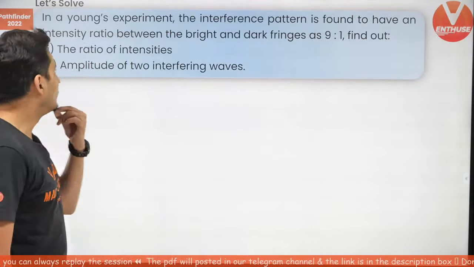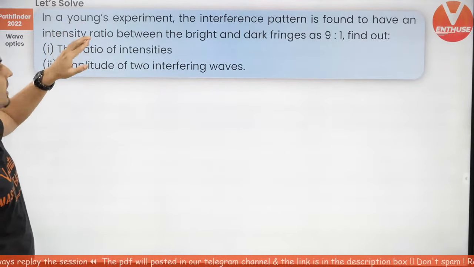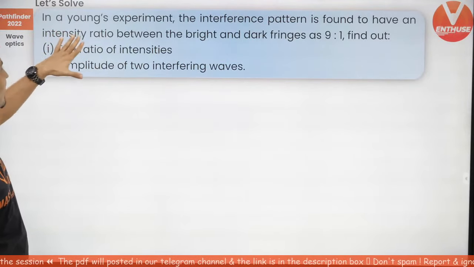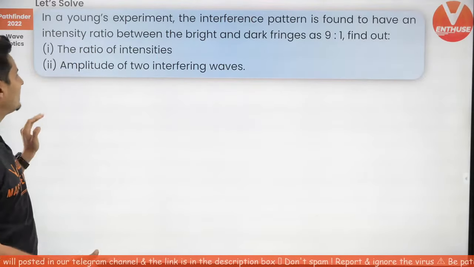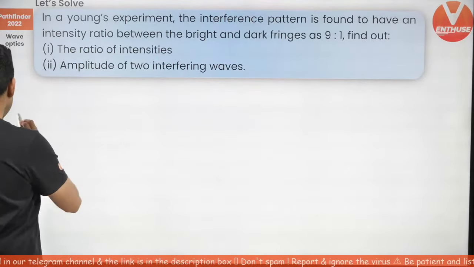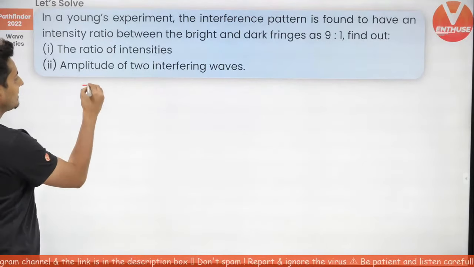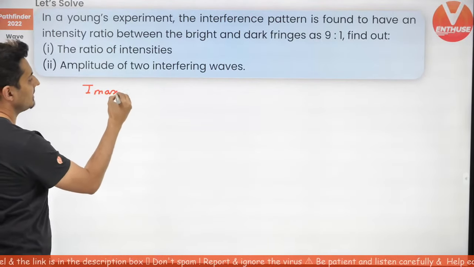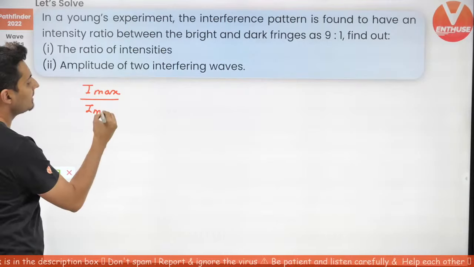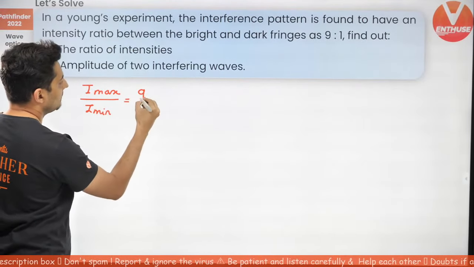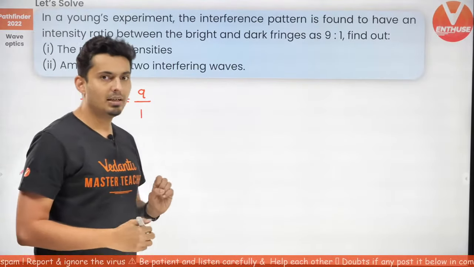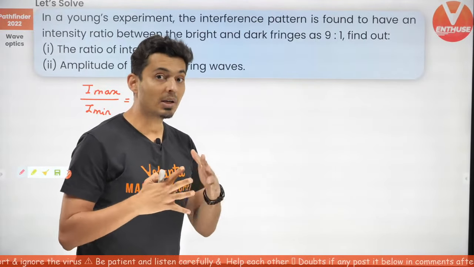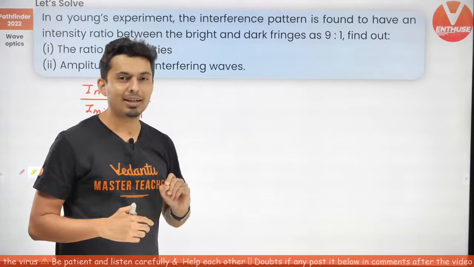So what do we need to do? In a YDSE setup, the interference pattern is found to have intensity ratio bright to dark as 9:1, and we need the ratio of intensities and amplitudes. So what is given? Given is the maximum intensity by the minimum intensity is in the ratio of 9:1. When will you get maximum intensity? When you have constructive interference. Do you remember the formula that I gave you?